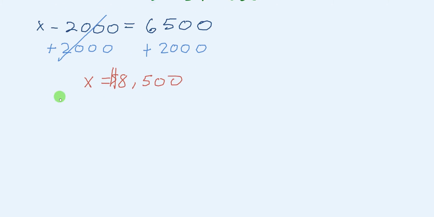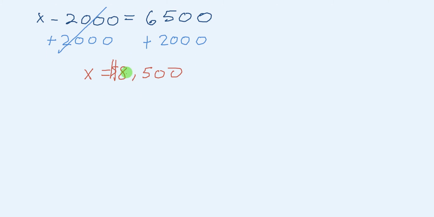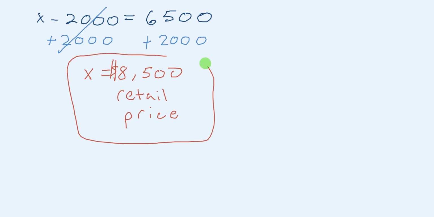Cool, so what we're seeing here is that x is equal to $8,500, or this is the new retail price. Cool stuff. Let's take a look at one more problem.